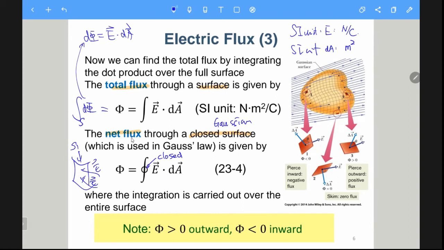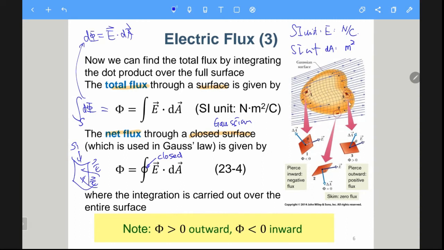Okay. Just now I mentioned that the direction of the area vector can be two cases, either perpendicular to one side or the opposite side. But for the closed surface, we define it as pointing out of the volume. Suppose we have a Gaussian surface, a closed surface here. You can tell what is inside this surface and what is outside.